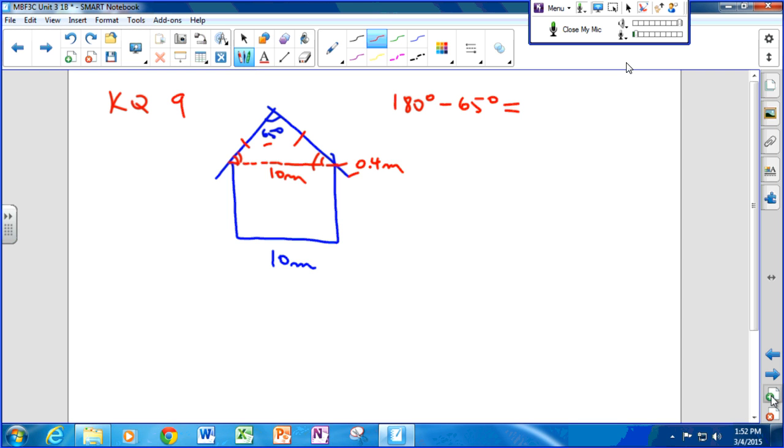So 180 minus 65 gives me 115 degrees. That's the sum of those two angles. So 115 degrees divided by 2 gives me 57.5 degrees for each one.